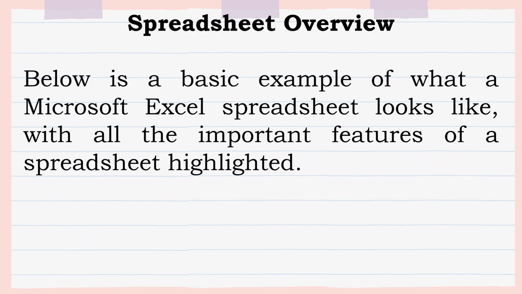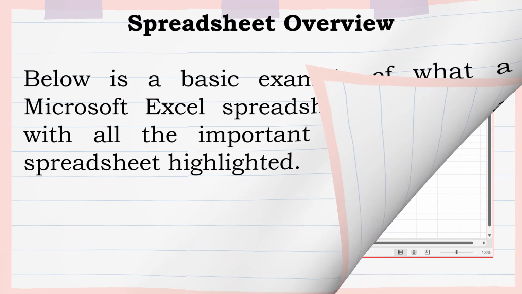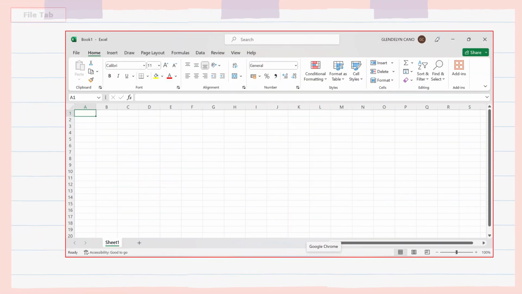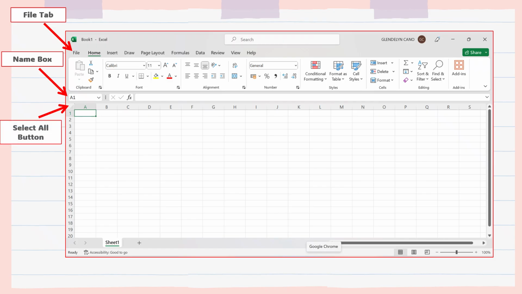We already discussed this way back in our last discussion. We discussed the parts, the components of Microsoft Excel. So always remember that the electronic spreadsheet has 15 components. Here are the components. We have the File tab, Name box, Select All button.